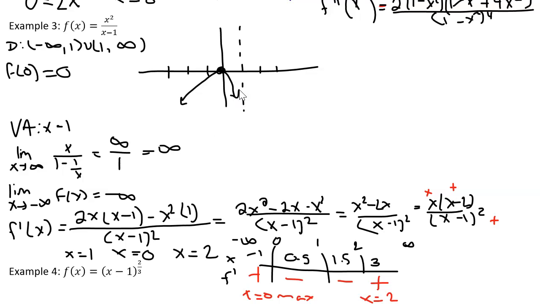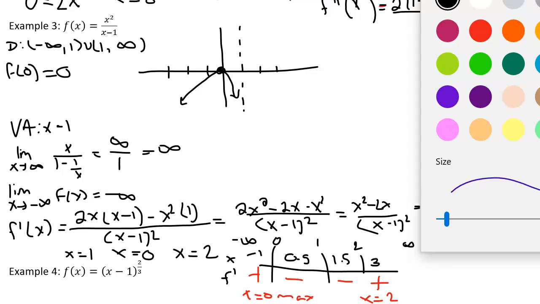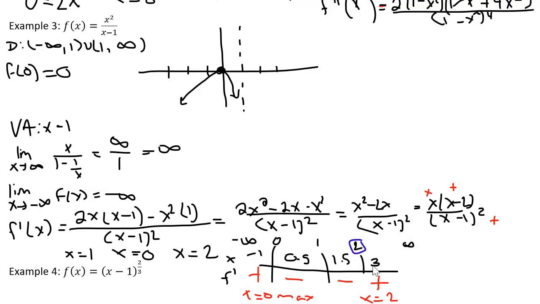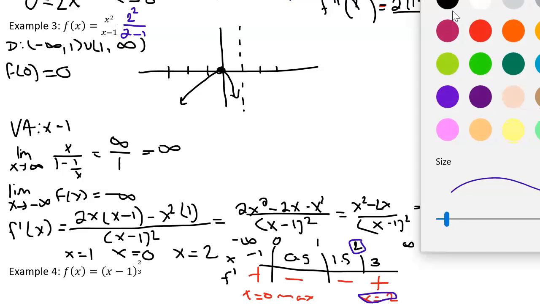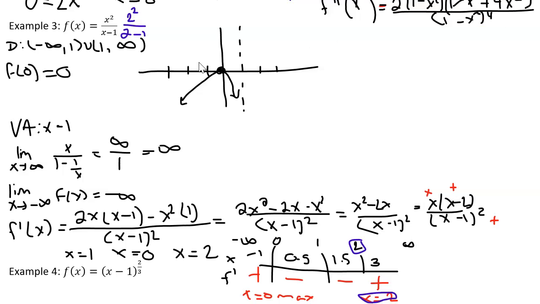And then 2 comma, I don't know, we need to plug it into the original function way back at the beginning. So I'm going to switch colors to blue, and I'm going to plug in 2 to find my minimum. That's going to be 2 squared over 2 minus 1, which means 4 is the minimum, 2 comma 4. I'm going to cheat, go 1, 2, 3, really crowded.